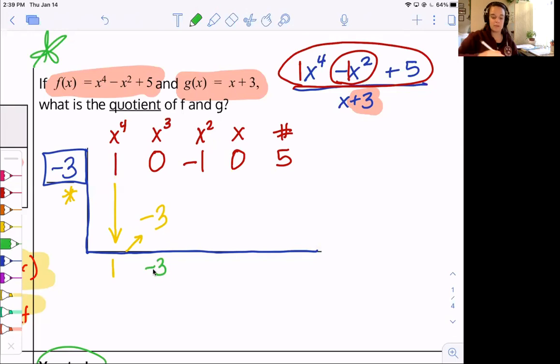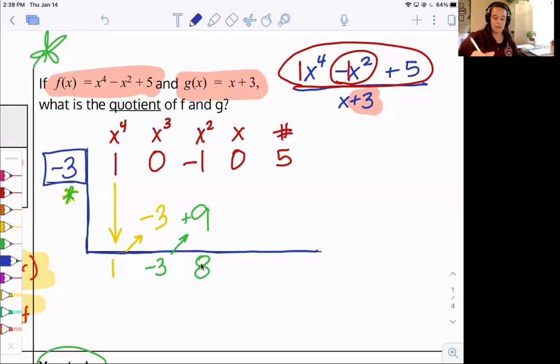I'm going to do -3 times this -3 up here. That's going to give me +9 right there. Since this is positive, I'm adding. So -1 plus 9 would be +8.